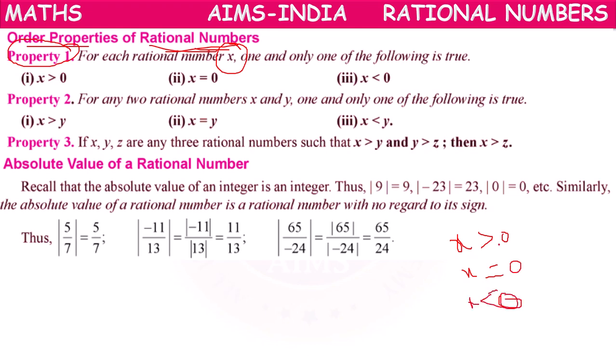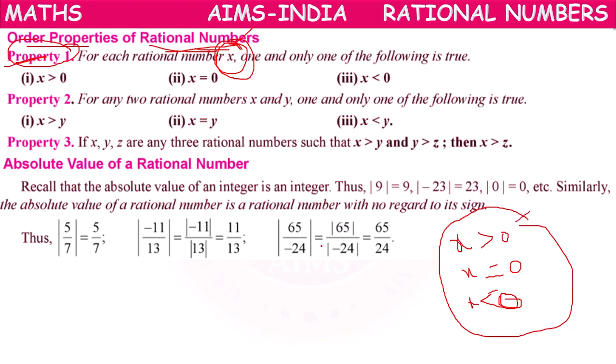Out of these three conditions, only one is applicable for a given rational number. This is property 1 of the order properties.